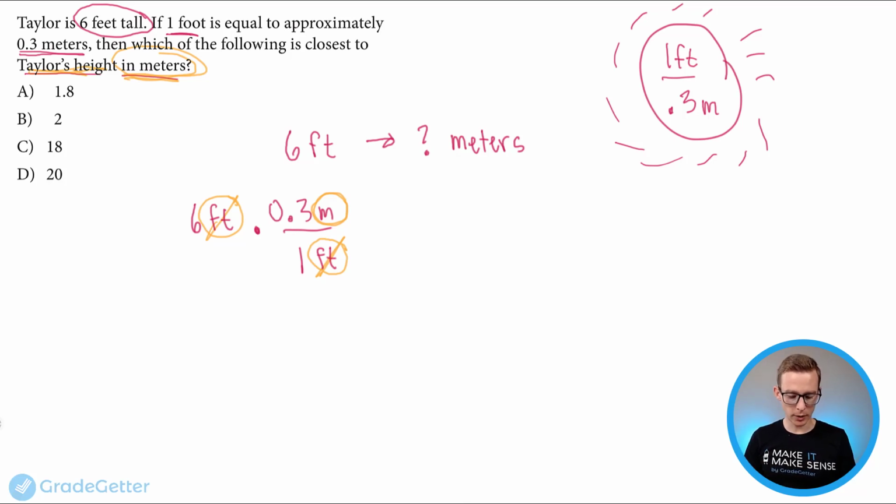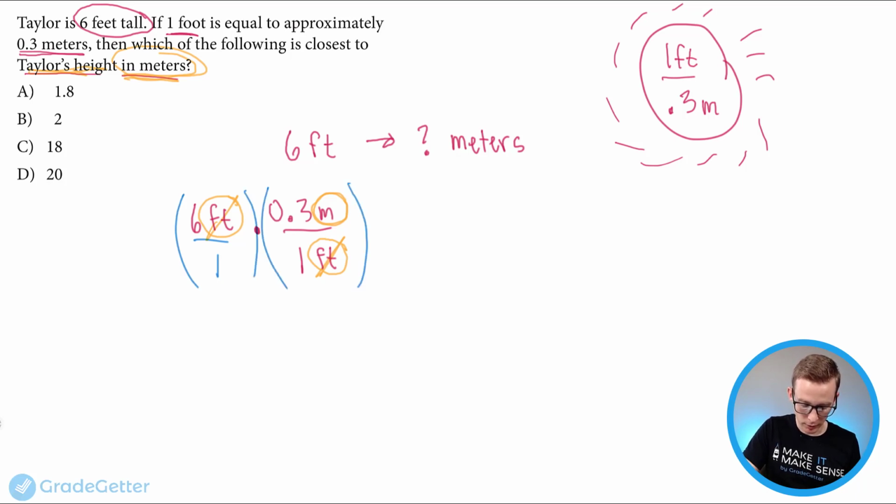So we have our ratio in the correct position where the feet cancels out with feet, and now we're just multiplying. Right, this is technically a fraction, 6 feet over 1. And we're multiplying it by this fraction of 0.3 over 1. Fractions just multiply straight across, so numerator times numerator over denominator times denominator.